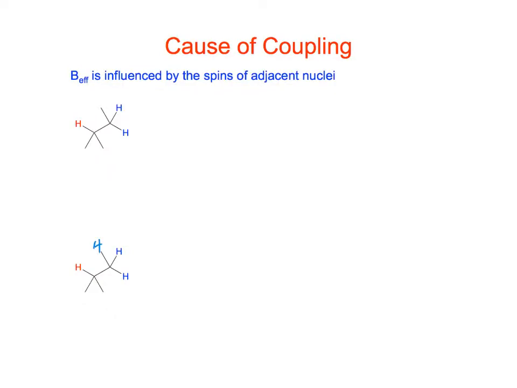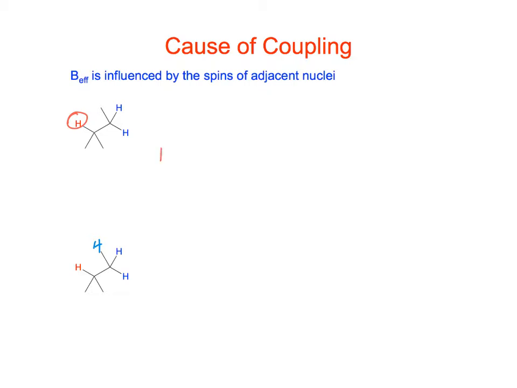So let's look at two other cases here and how we can diagram this out. Again, we're going to observe the one in red, and we're going to see the effect of the two blue protons now. Those two blue protons can, like before, be opposed or aligned with the magnetic field, but now we have combinations.